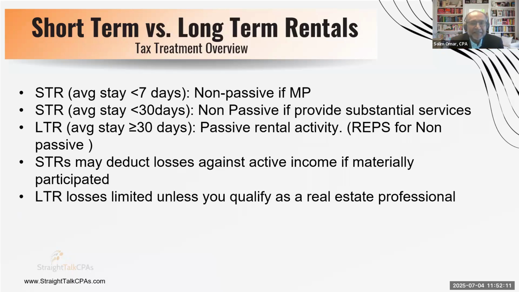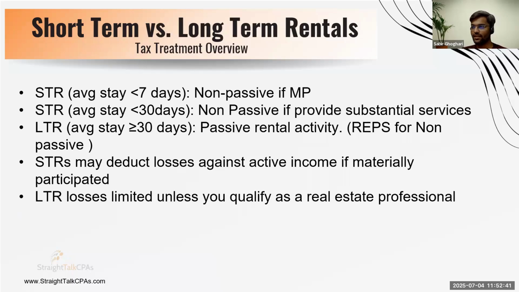Yeah. So for short-term rentals, let's say you have proven your material participation. Now what? Whatever loss you get from that activity, you can use to offset your other income. If you are receiving other K-1s or W-2s, any active income, you can offset it with the losses from the STRs. For long-term rentals, you have to qualify for real estate professional status to offset your active income.